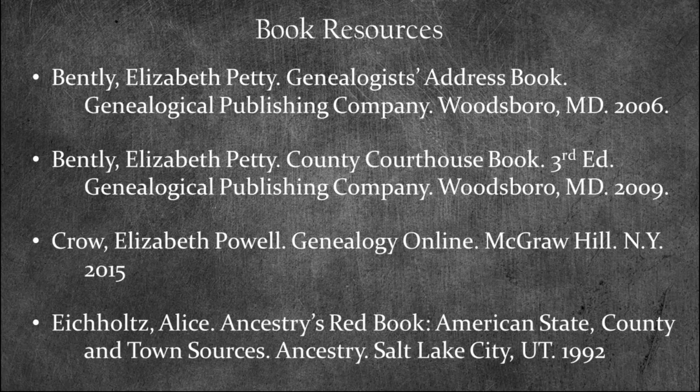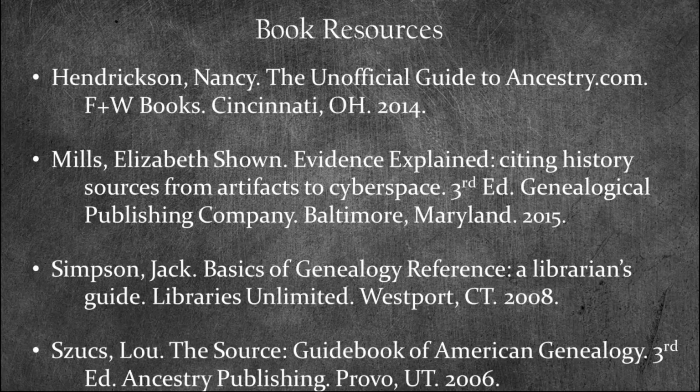I would recommend something like Ancestry's Red Book, County Courthouse Book. On the next slide, you have Lou Zook's book, The Source, which is the Guidebook of American Genealogy. It's put out by Ancestry Publishing. These are all outstanding resources to have available to you.